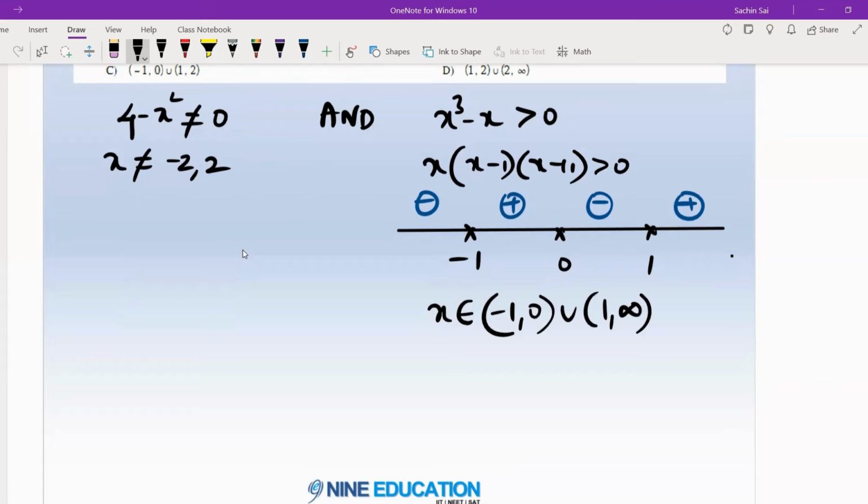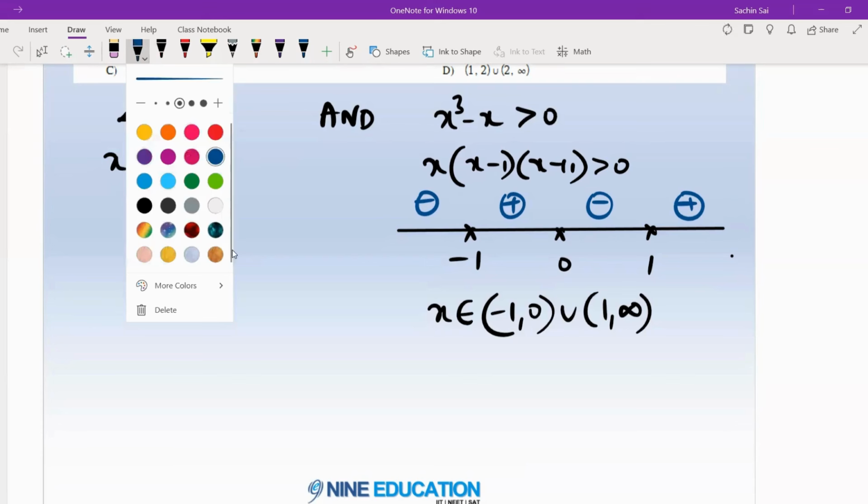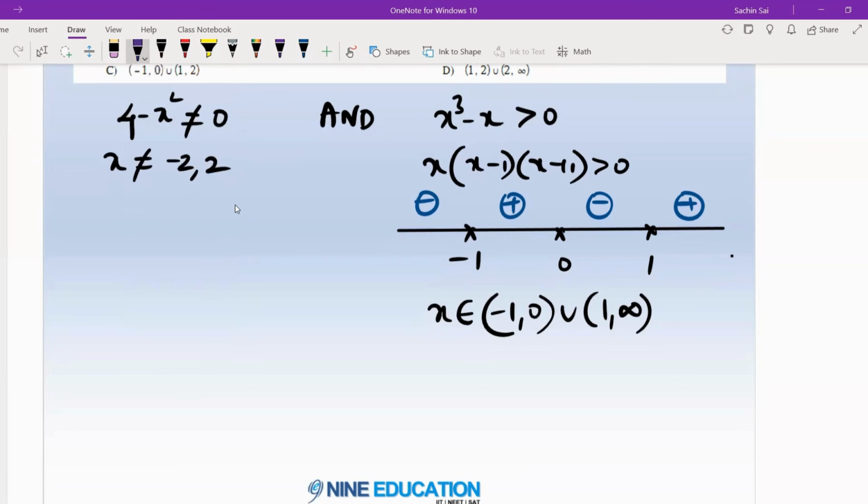Now we've written down two different conditions in this problem. x belongs to all real numbers except -2 and 2. Let us call this set A. And x belongs to -1 to 0, union 1 to infinity. Let us call this set B, right? Now the word connecting them is and. The logical connector here is and.